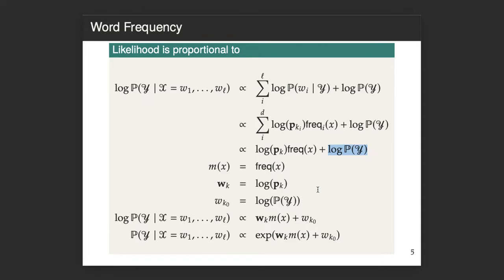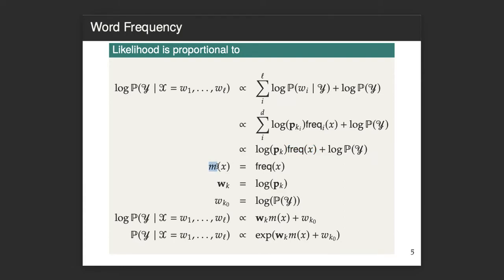Now, in order to continue with this definition, we are going to name this vector frequency and this one with a different notation, because it will help us understand the other formulation. So we're going to say that the frequency is a function that is transforming a text into a vector, the vector of frequency.